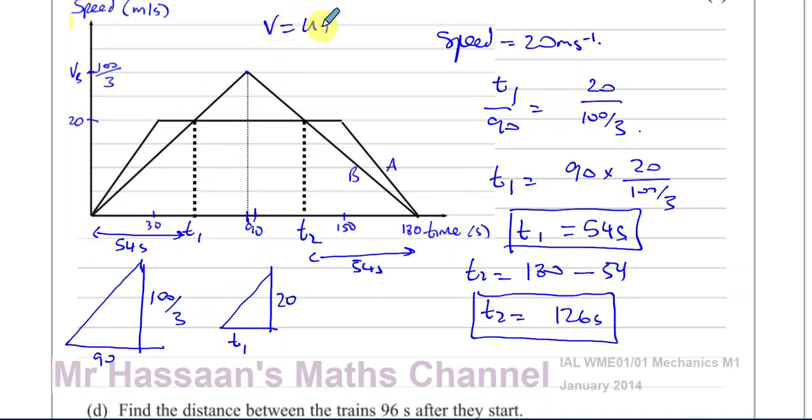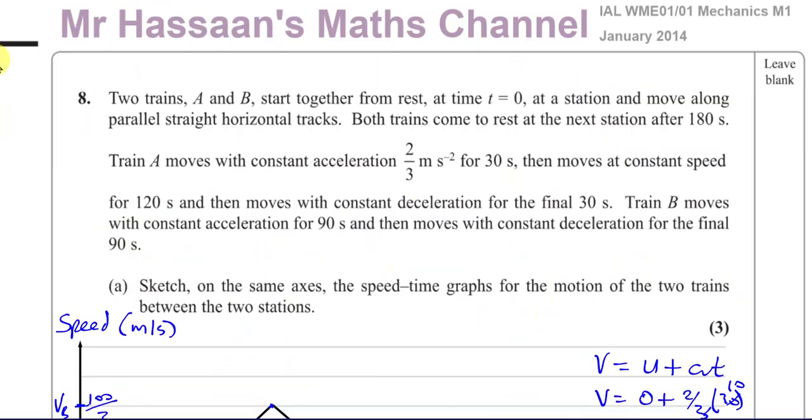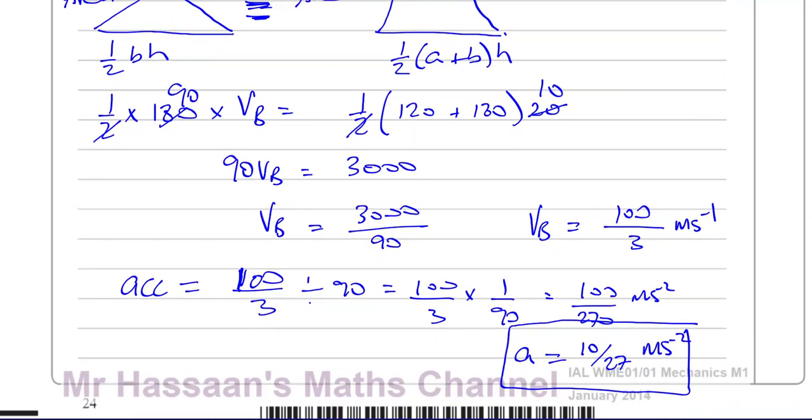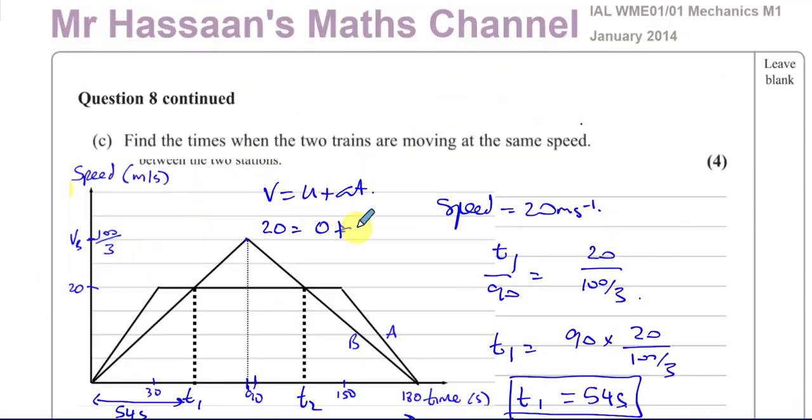So we know that v is 20, u is 0, a is what we found here, 10 over 27, and t is what we have to find. So you end up with t equals 27 times 20 over 10, which is 27 times 2, which is 54 seconds.